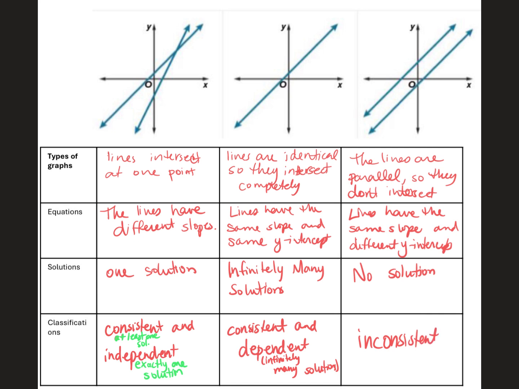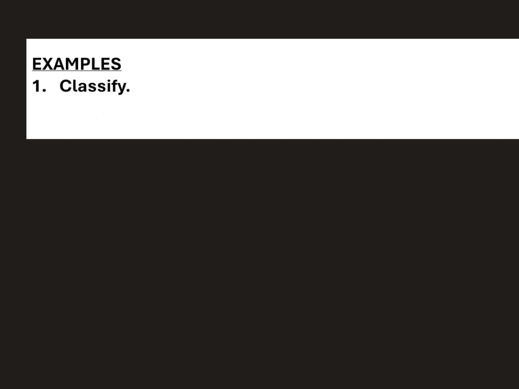Moving right along to the next slide. Examples. We are going to classify a system based on its solutions or based on the slope. I don't even really have to graph it or solve it or anything. I can tell just by looking at the equations.